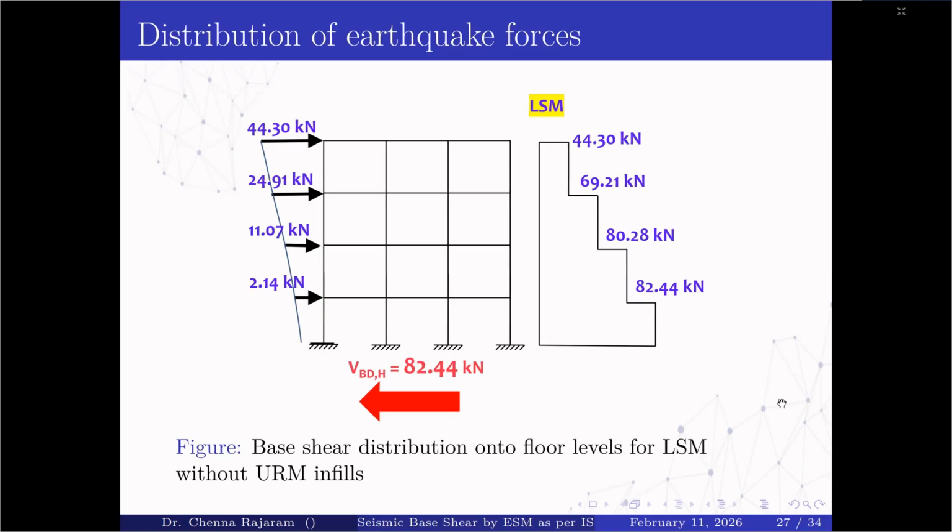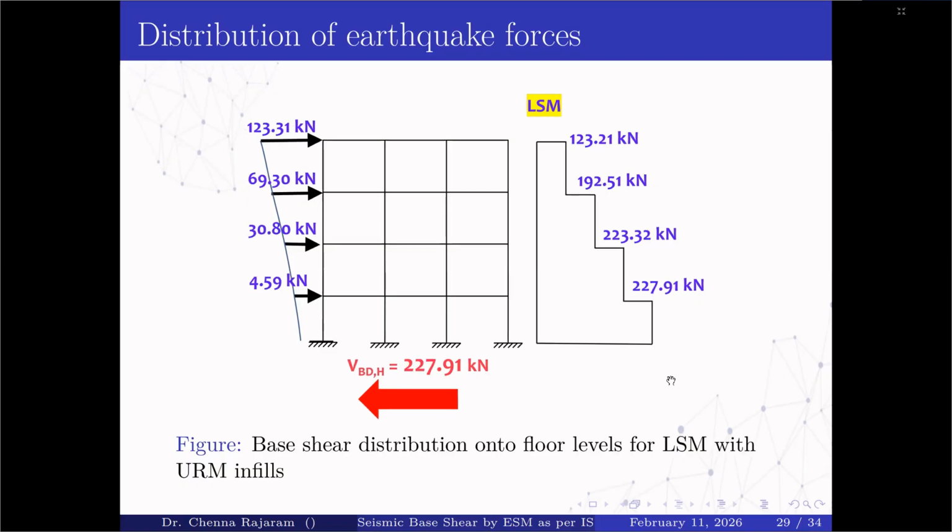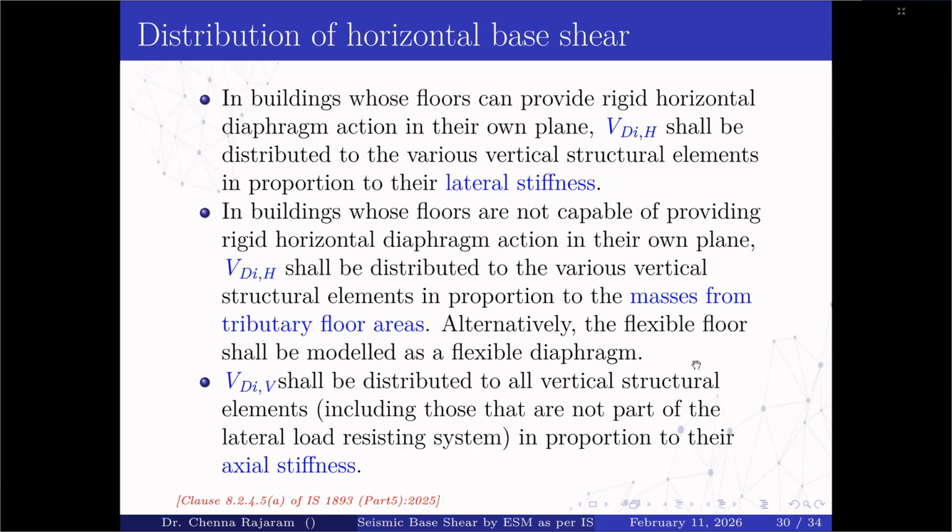Now, when it comes to the LSM, the base shear is 82.44 kilonewtons, and this is the distribution, and this is the story shear. Similarly, the base shear is distributed by considering URM infills. The base shear value is 151.94 kilonewtons for WSM and 227.91 kilonewtons for LSM.